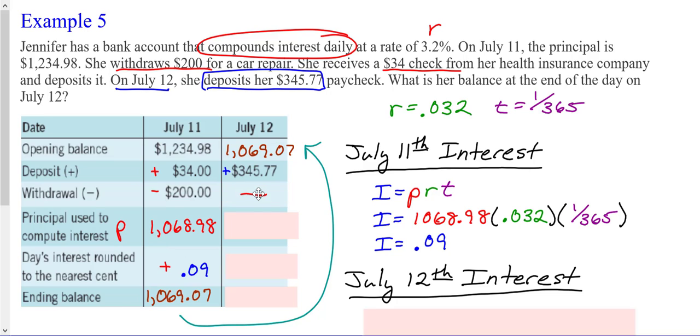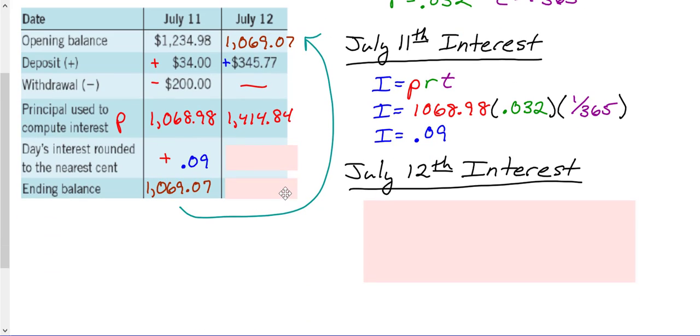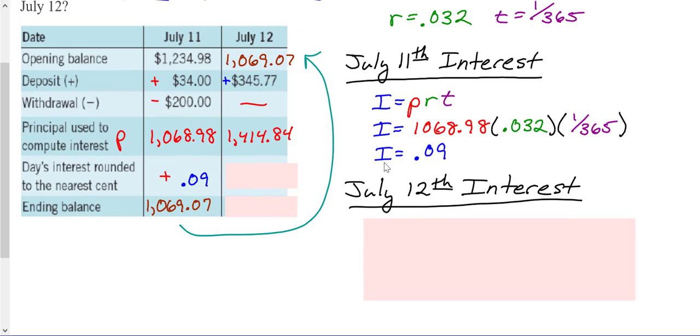So our withdrawals is just going to be left blank, or you can put a line through it. We need to calculate our new total, which is $1,414.84. And now we need to use our same rate and our same time and calculate our interest for the day of July 12th.